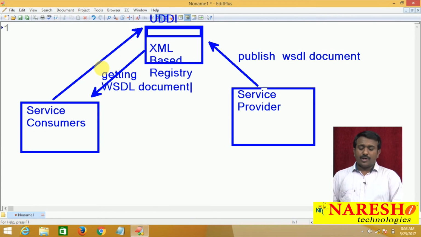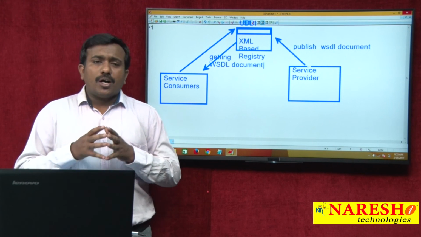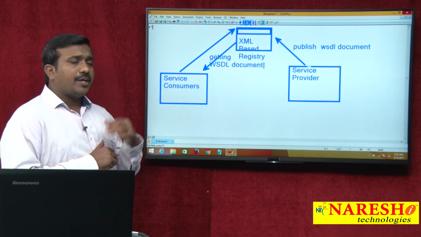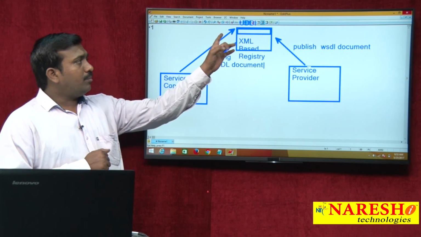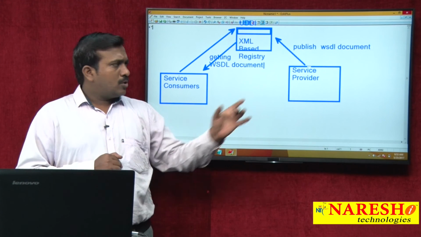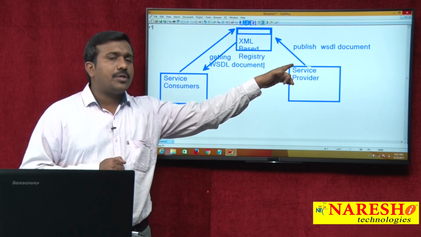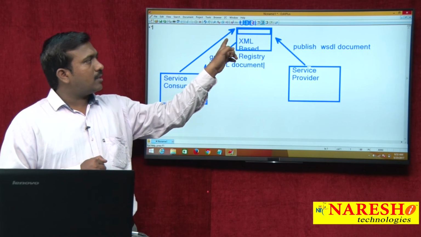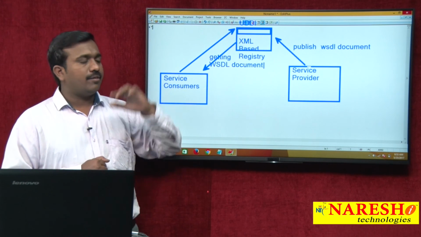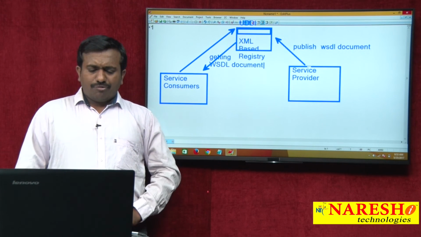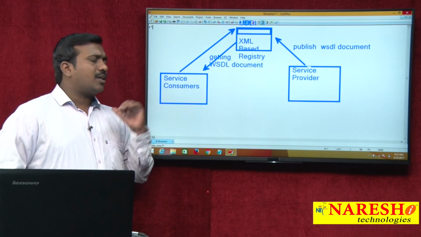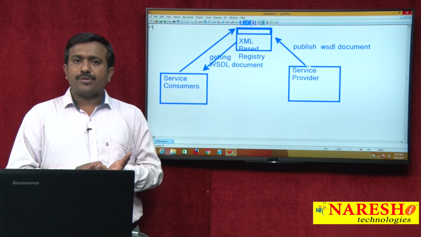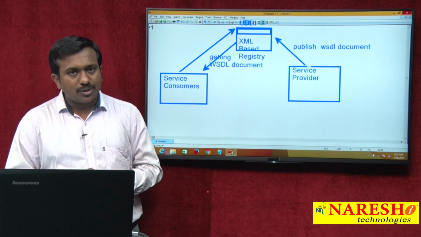From where? UDDI. So WSDL documents are obtained by the service consumer applications from the UDDI registry. So the service provider publishes all the WSDL documents into the UDDI registry, and the service consumers send the request to the UDDI registry and get the WSDL document. After getting the WSDL document, the service consumer understands what is the web service method, what is the parameter, what is the return type, what exceptions are thrown.